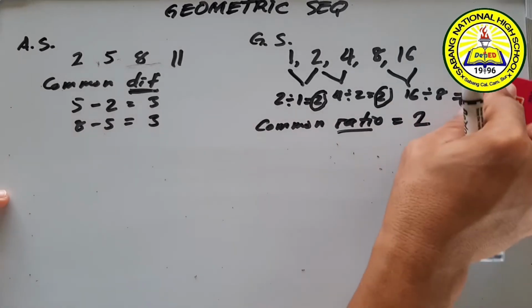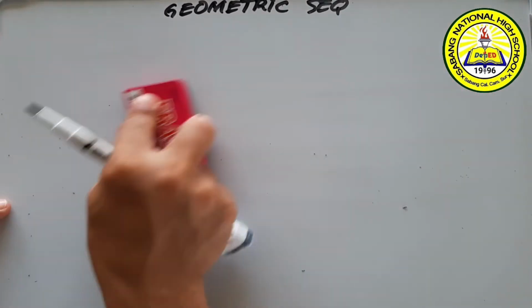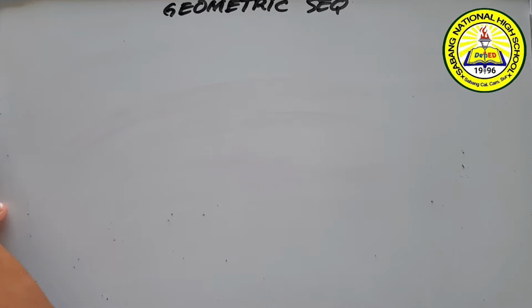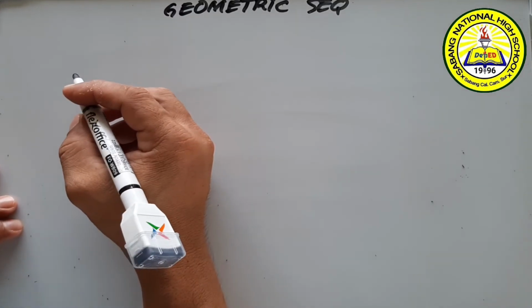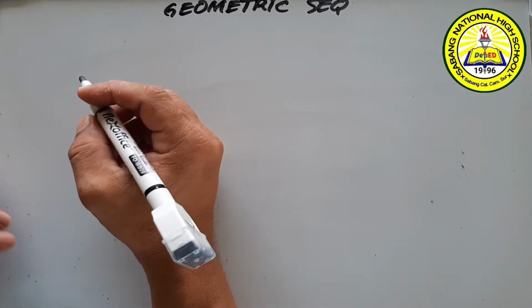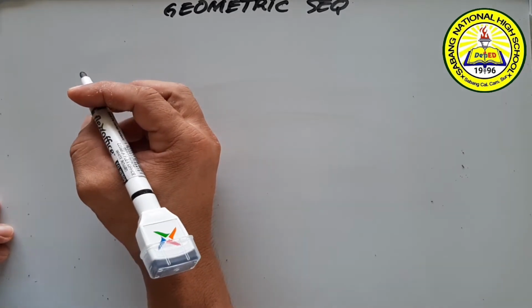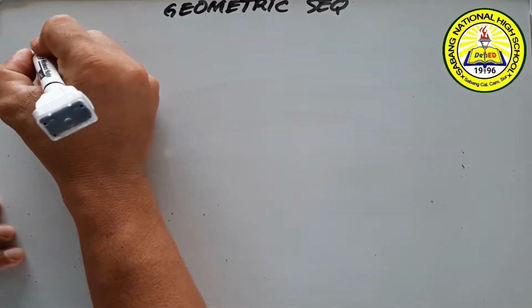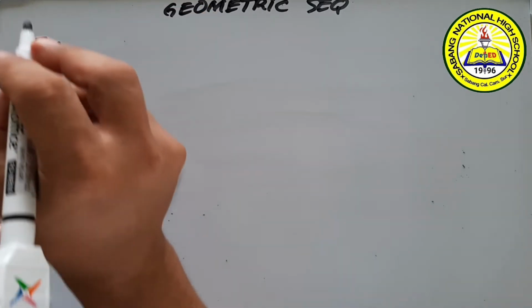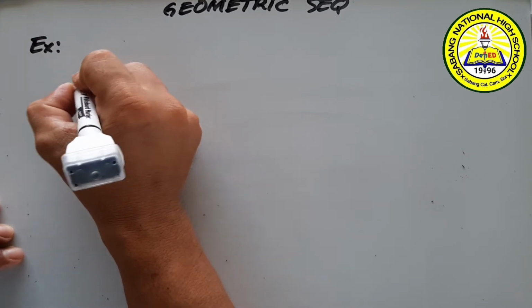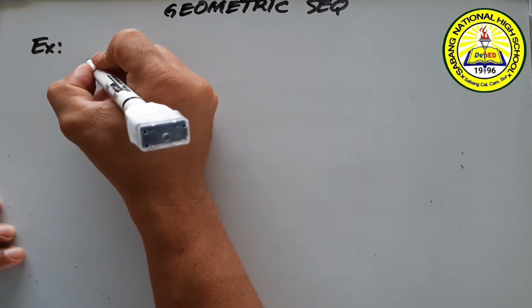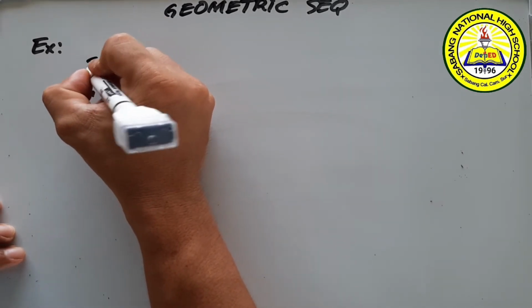Let us make another example of a geometric sequence. Let us say we have the first term, a sub 1, equal to 3.